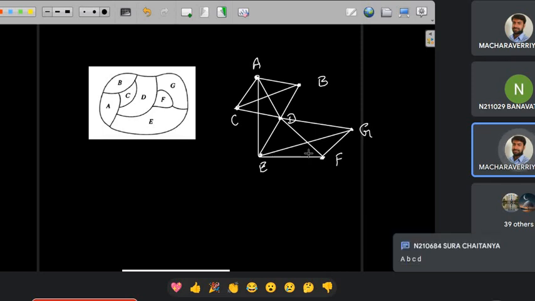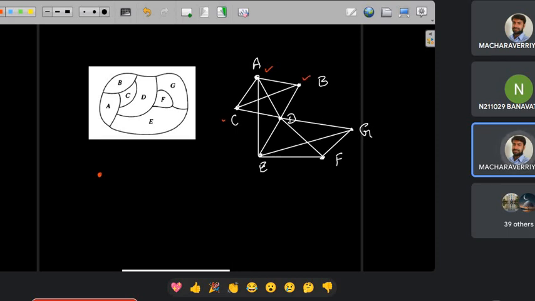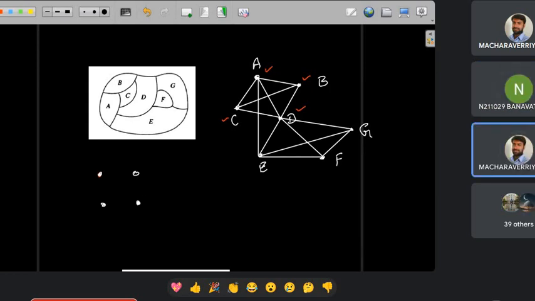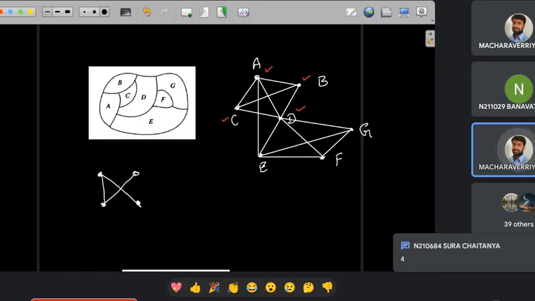I hope you can look at A, B, C, D. Now, what is the minimum number of colors needed for K4 so that no two adjoined vertices have the same color?